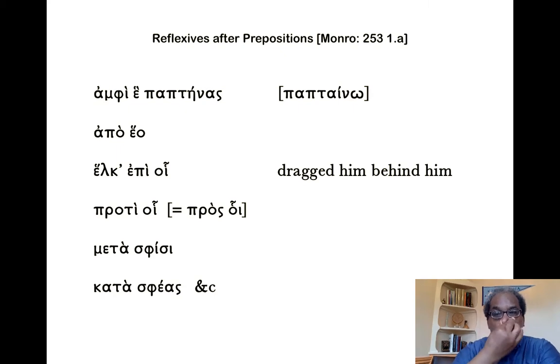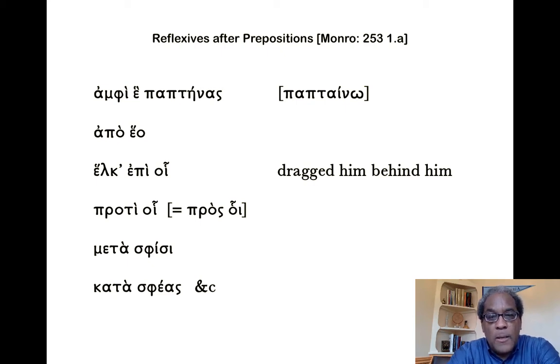So first off, after prepositions, we see this first example using the verb poptaino, which is to peer about, like when a soldier is on the battlefield and he's looking around for anyone who might be approaching to engage with him. So, amphi he poptēsas, peering about around himself. Very common expression. And then ap' heo, away from himself. Then helk' ep' hoi, he dragged him behind him.